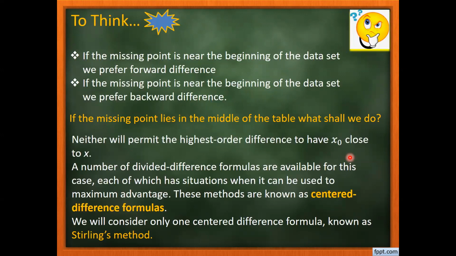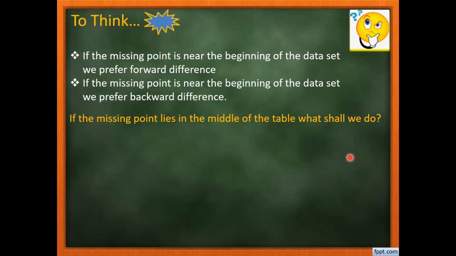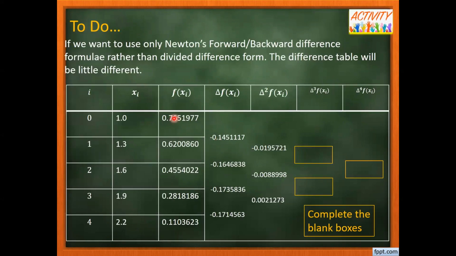Neither of the two that we have discussed earlier permits us to use the highest order difference close to the middle value. As you can see in the previous slide, for forward we use these differences, for backward we use these differences, but for central the important differences are these ones.